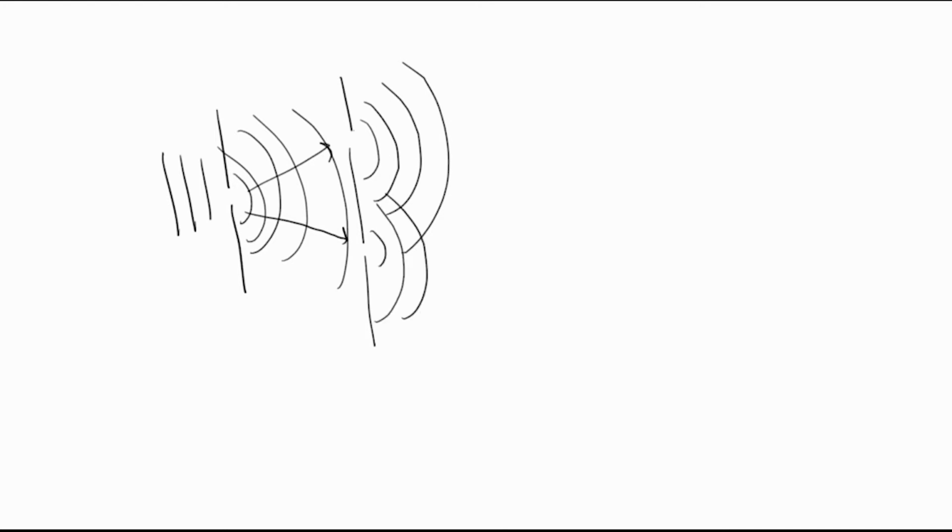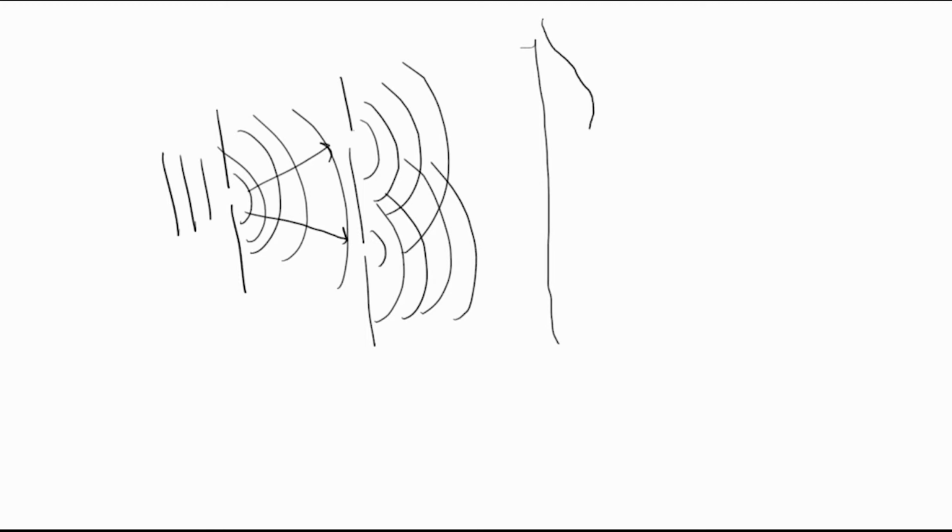We first pass it through a single slit so that the same wave at the same phase reaches these two points. So it's literally the same wave at these two points. We have this wave diffracting here and this wave diffracting here, and you might assume that the pattern you should get for these two interfering should be a pattern like this.